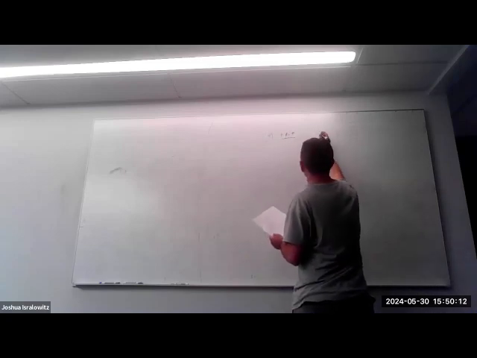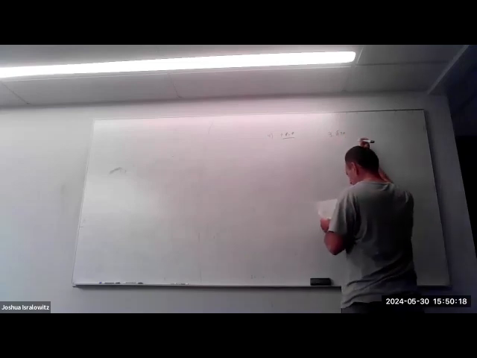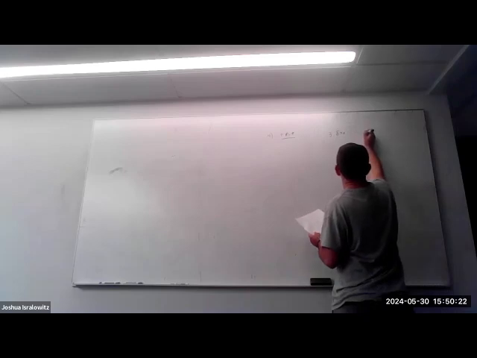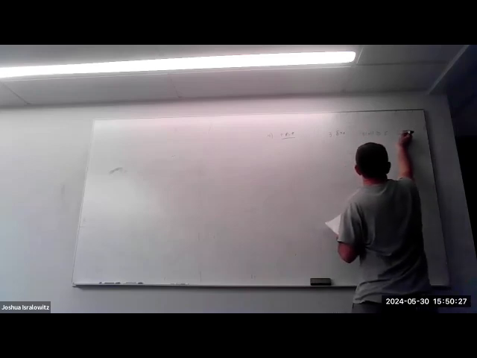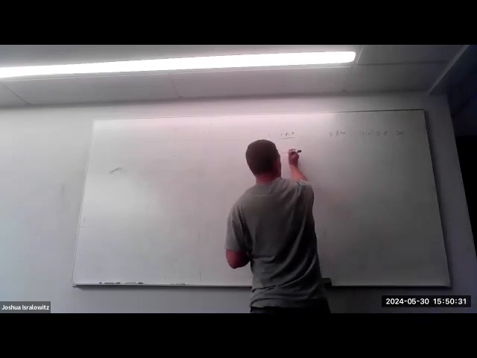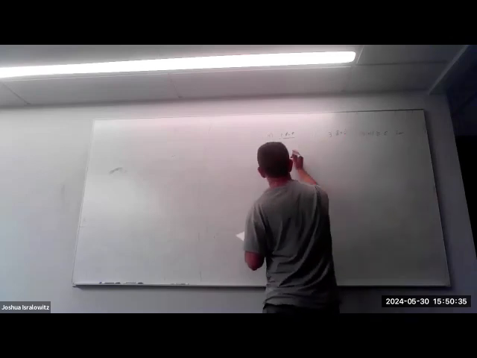So in particular, the bottom is never 0 on A to B, so there's this delta where, basically, just pick the minimum of this function on A to B.